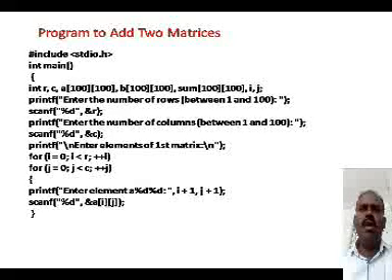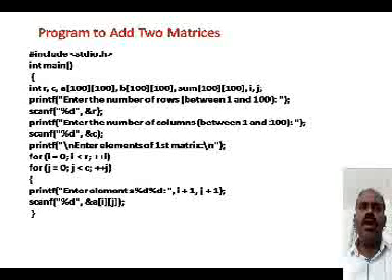Next, for i equal to 0, i less than r, increment i, is used to get the row elements. Next, for j equal to 0, j less than c, increment j, is used to get the column elements.